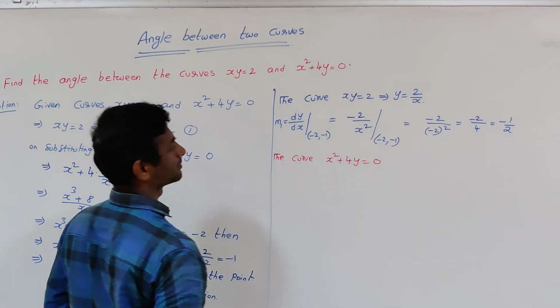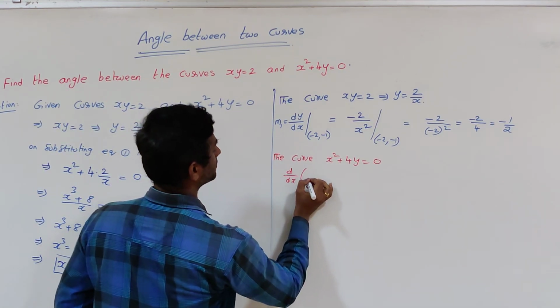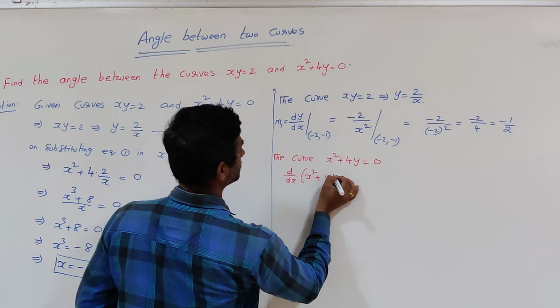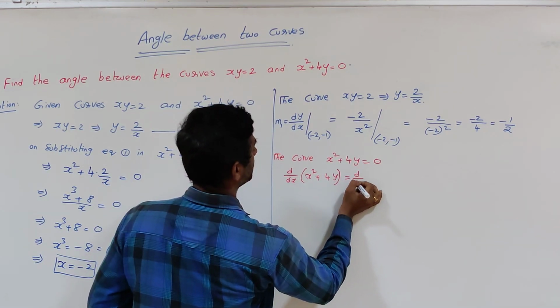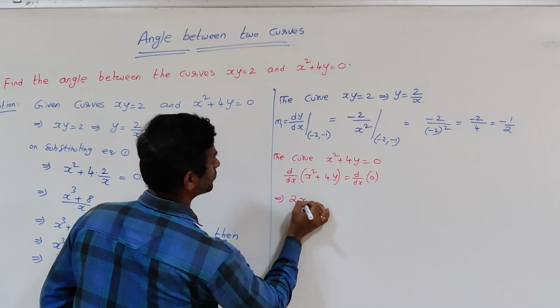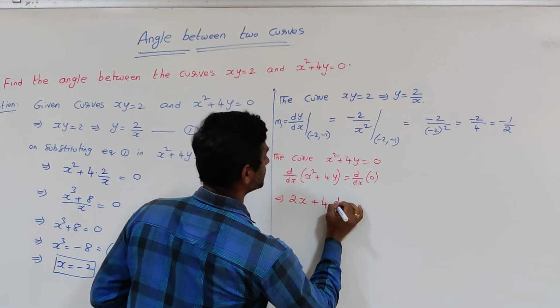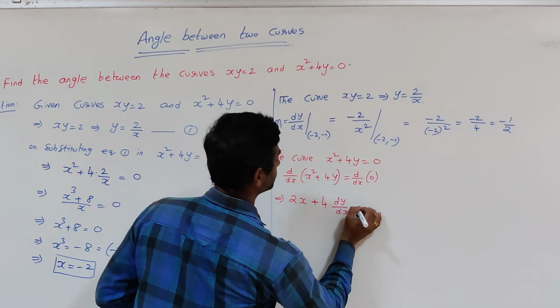Then what is the derivative? d by dx of x square plus 4y is equal to d by dx of 0. So derivative of x square is 2x plus 4 into derivative of y, dy by dx, is equal to 0.